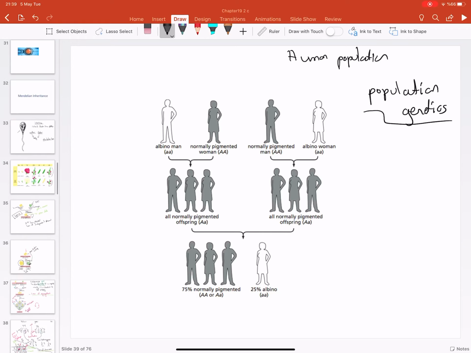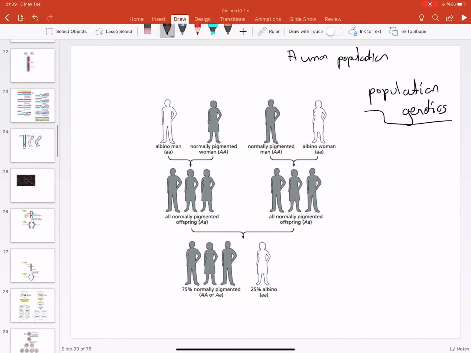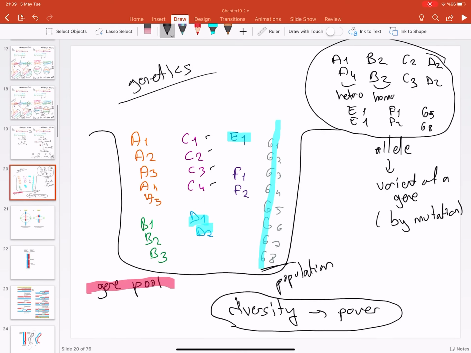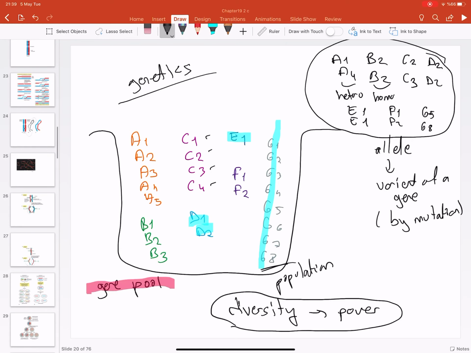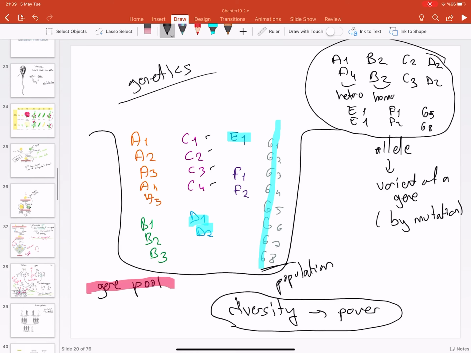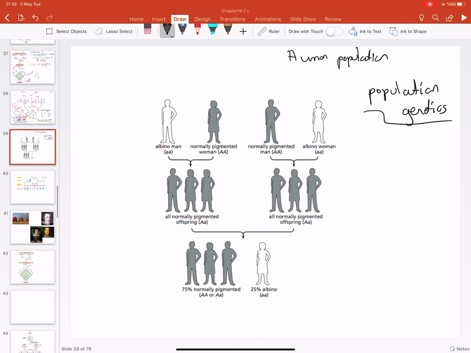So what people usually do is check the gene pool and how the alleles segregate in these gene pools, and most of the time they follow the Mendelian rules. Take albinism, for example. Albinism is loss of pigmentation.